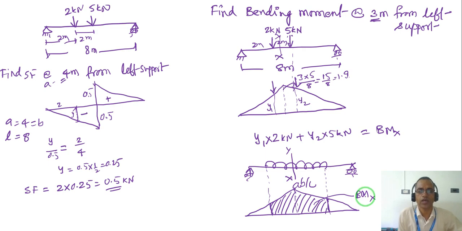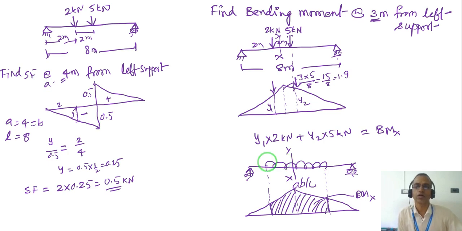So this is as far as determinate beams are concerned. There are different methods to find this; simply we use only the equilibrium conditions. In order to find the ILD for indeterminate beams, we have the conjugate beam method and the Muller-Breslau principle.